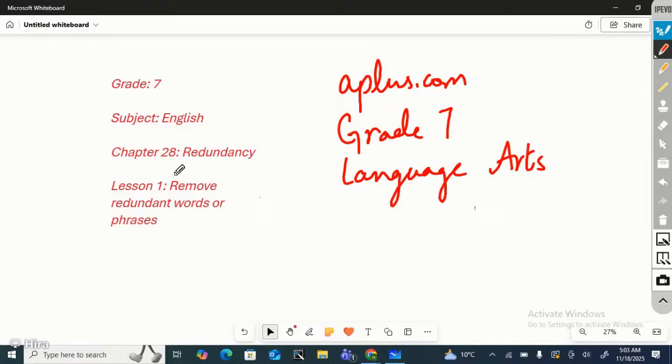The chapter that I'm going to teach you today is chapter 28, Redundancy. In this chapter, we'll learn how to remove redundant words or phrases within a text.